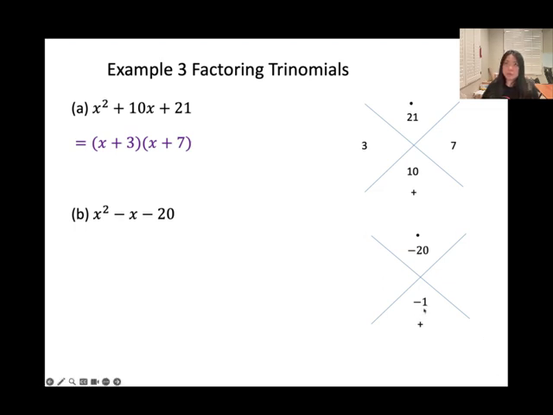So you could think about 5 times 4, right? Since when they add up, it's going to be negative 1, that will be negative 5 times 4. Okay, multiply to equal negative 20. Add up, that's going to be equal to negative 1. So my factors will be x minus 5 times x plus 4.